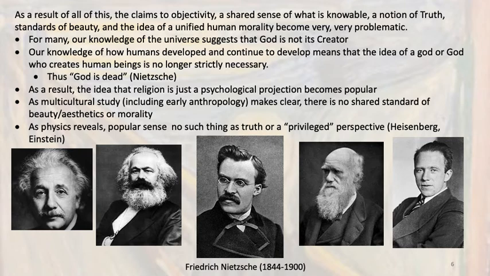So the development of human beings not necessarily being different from animals, which was implied in Darwin's theory and then expressed in The Descent of Man in 1871. And of that, then, a God, or the one God who creates human beings, is no longer strictly necessary. We don't need this God to explain the world around us.